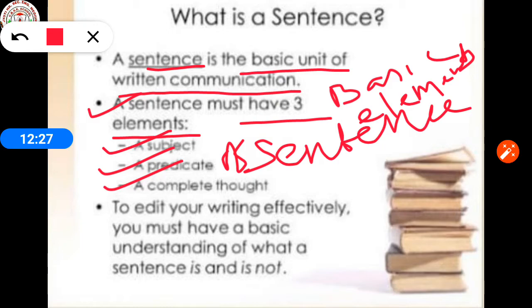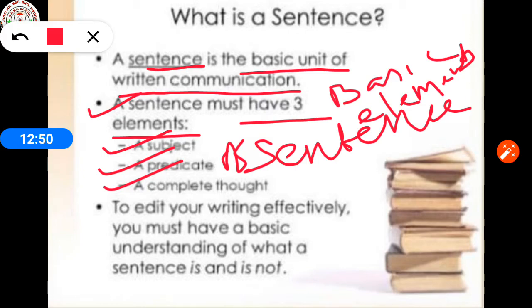A sentence is the basic unit of written communication, the basic unit of a language. A sentence must have three elements, that is subject, predicate, and a complete thought.